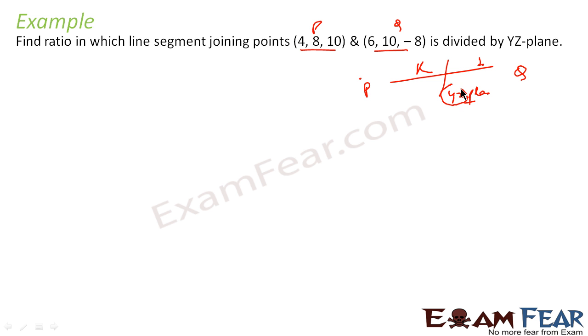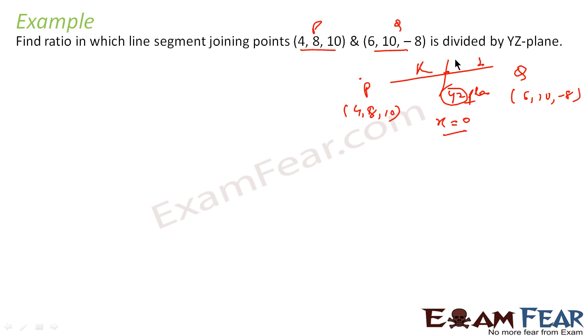So if it is the YZ plane, we can say that x will be 0, correct? Because in case of the YZ plane, x is equal to 0. So let's find the x coordinate in this case. So this is (4, 8, 10) and this is (6, 10, minus 8).